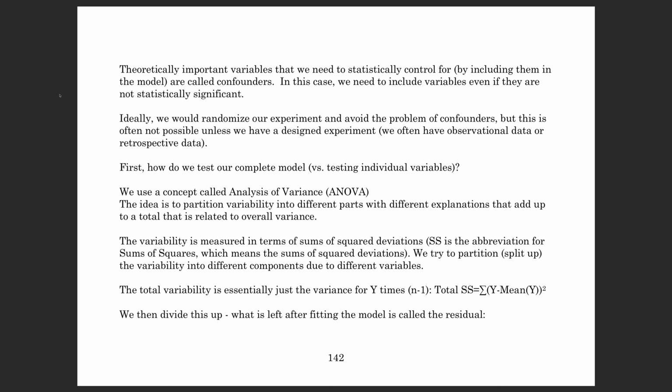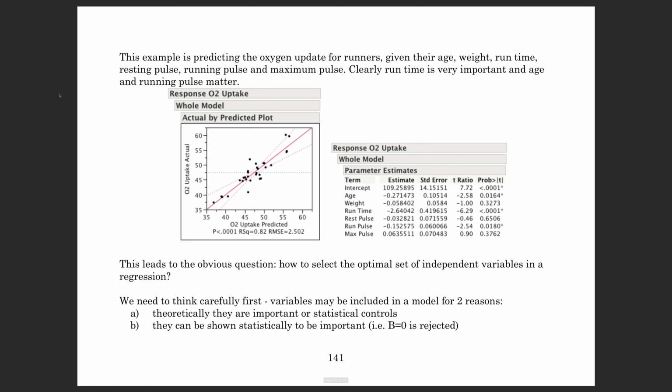So let's start with a very broad question first, which is, how do we test our complete model? So rather than looking at each of the individual variables, what if we want to test, first of all, is our model as a whole useful? Right, so if you go back and look at the previous slide, you will see underneath the graph it says p less than 0.0001.